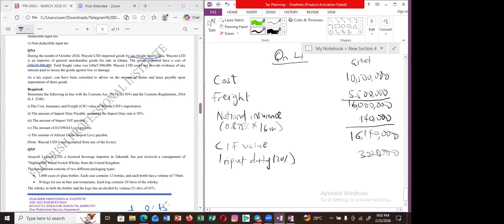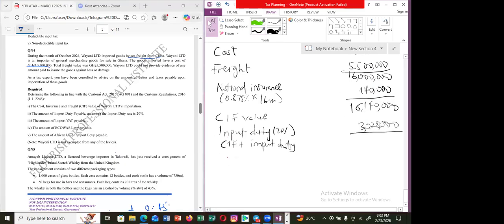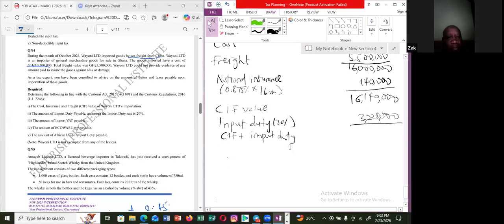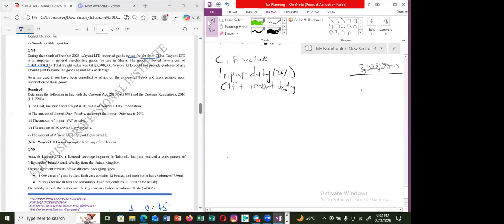Okay. You add this, you get your CIF plus the import duty. This is what I'm getting: 19,368,000. Right. And now we come to our levies.